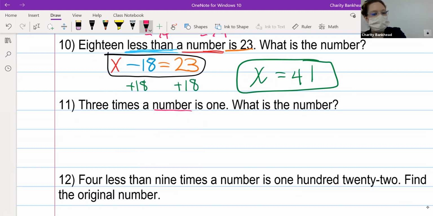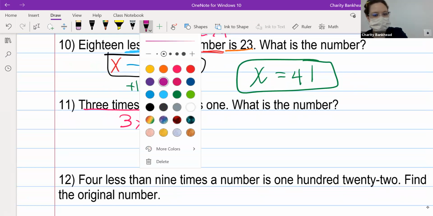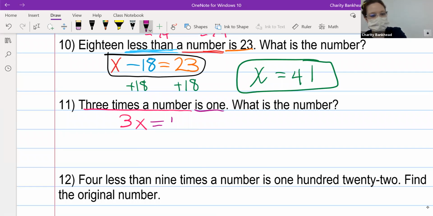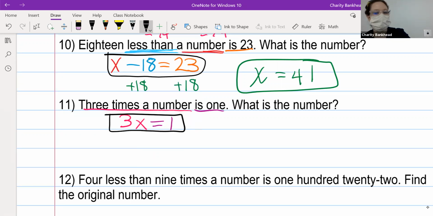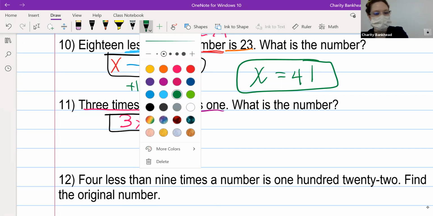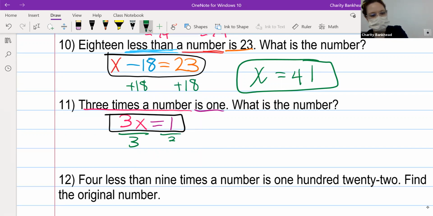So 3 times a number, that would be 3x is 1, so equals 1. And that's the equation. And then to solve it, we would divide both sides by 3. That would give us x is equal to 1/3.